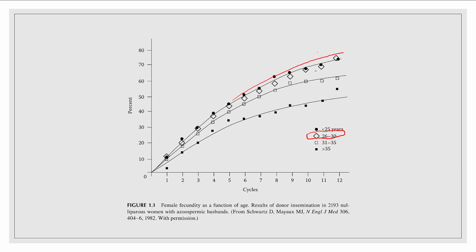But if the female partner is between 31 and 35, you can see the second line here, which is even after 1 year, their fertility is around 60%. So if the female is older, only 60% compared to 90% in a younger couple. If the female is above 35, it's even worse. At 1 year, only roughly around 45% will conceive.